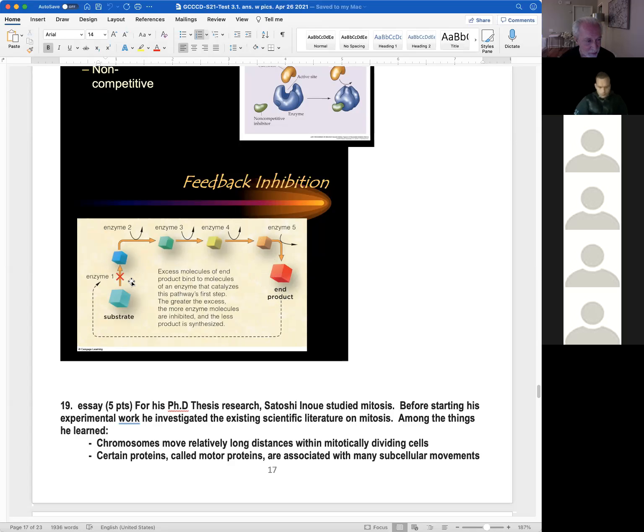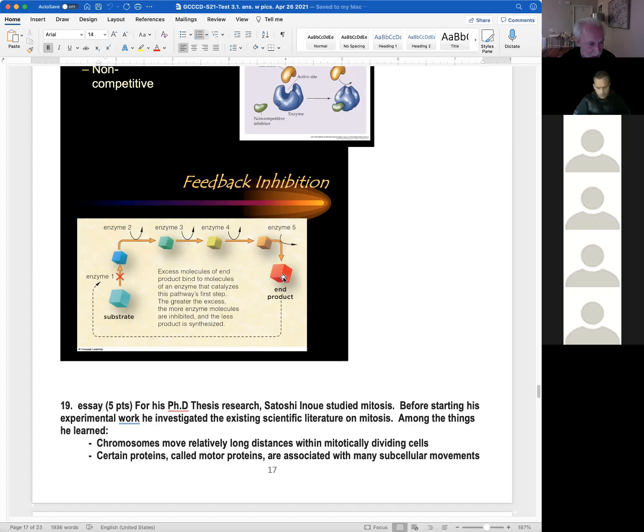But in this type of a system, the first step catalyzed by enzyme 1 has a site to which this end product can bind. And when it does, it inactivates enzyme 1. So now if the first step in the pathway can't happen, none of the others can happen either.